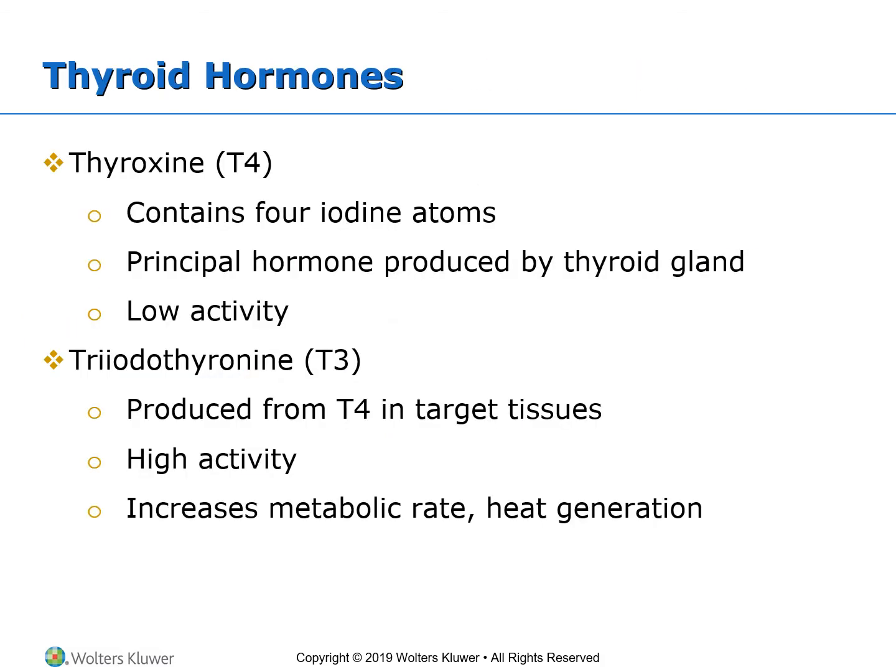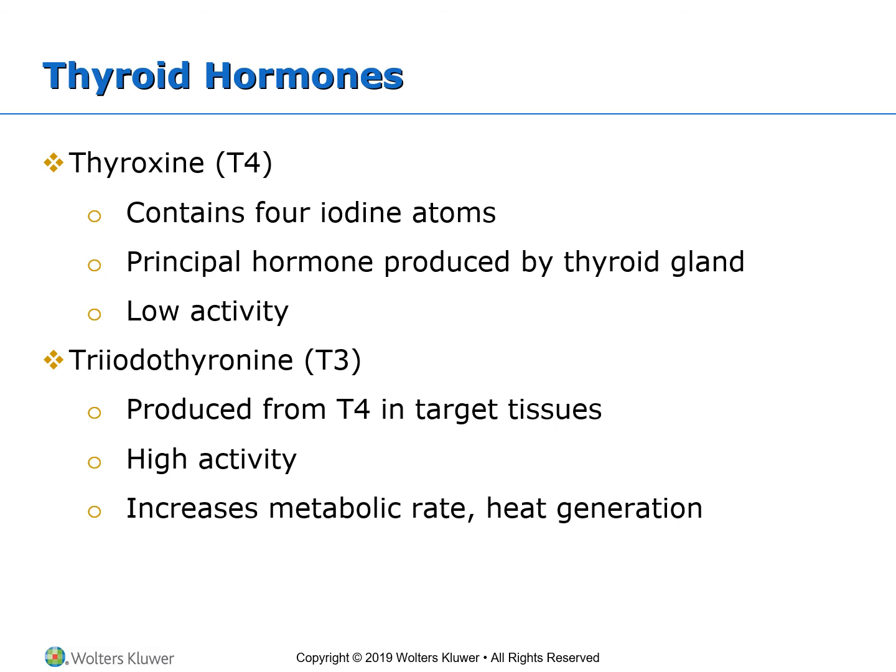The thyroid gland is producing two hormones, and they are the main metabolism regulating hormones. We have T4, called thyroxine, and it's T4 because it has 4 iodine atoms. However, this hormone has very low activity at the level of the cells.